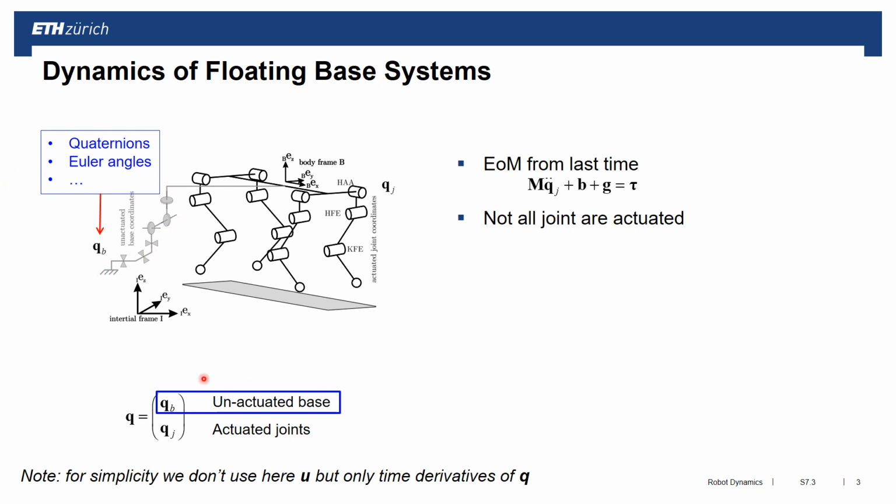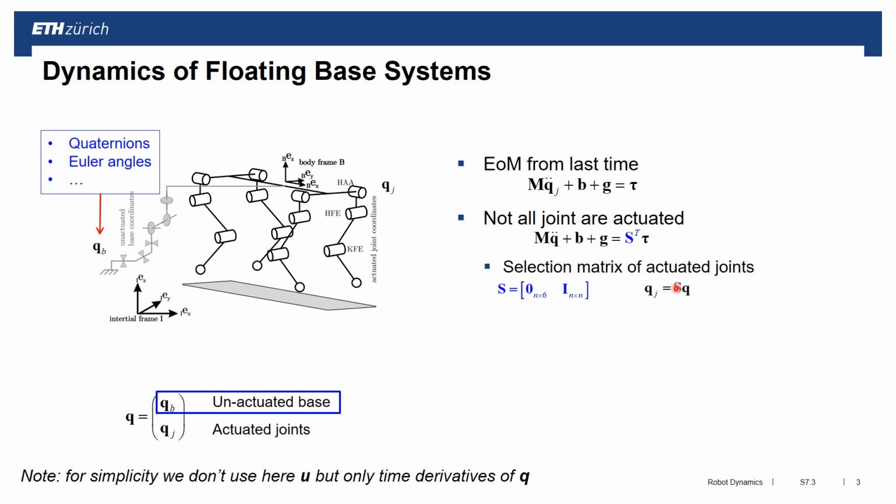So we have an unactuated base, namely my torques do not act on these base coordinates. So I have to have the selection matrix here, which is in essence a 0 part for the first 6 base degrees of freedom, and the identity for the following n_j joint degrees of freedom.